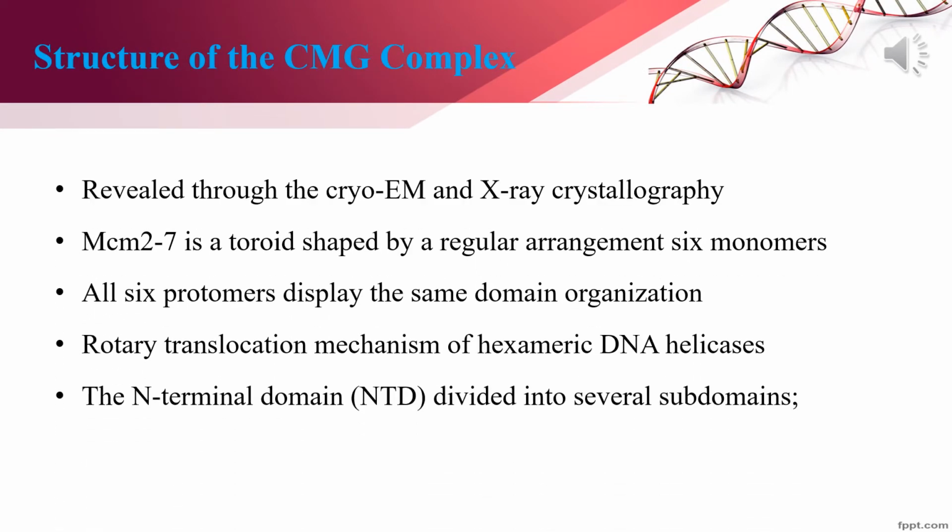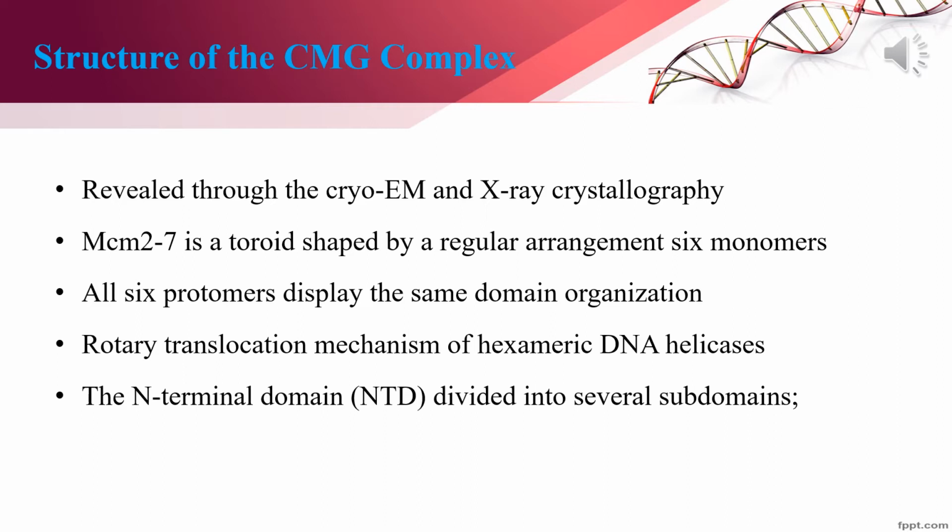The CMG complex, the core of the replisome, was revealed through cryo-EM and X-ray crystallography. MCM2-7 is torus-shaped, with a regular arrangement of six monomers. All six protomers display the same domain organization, supporting a rotary translocation mechanism of hexameric DNA helicase.